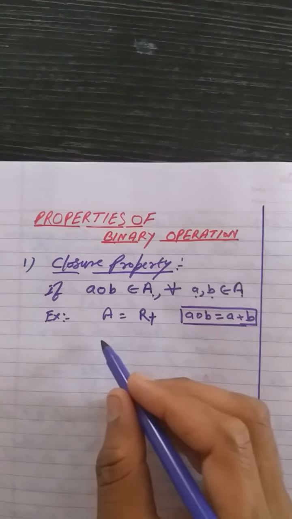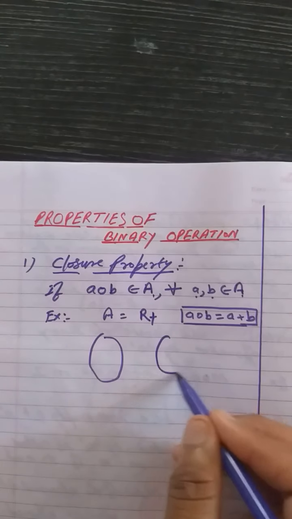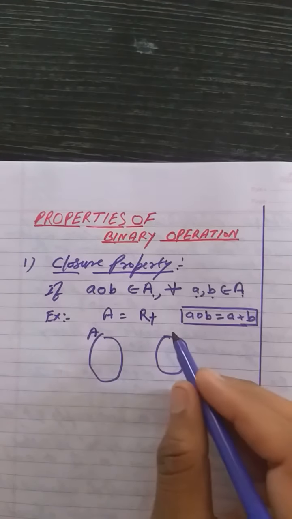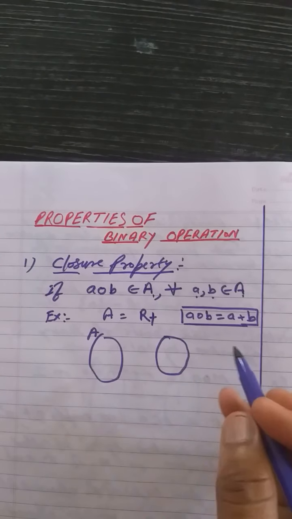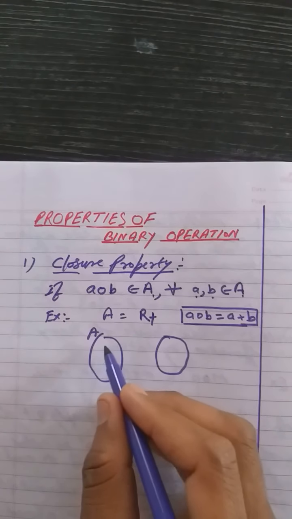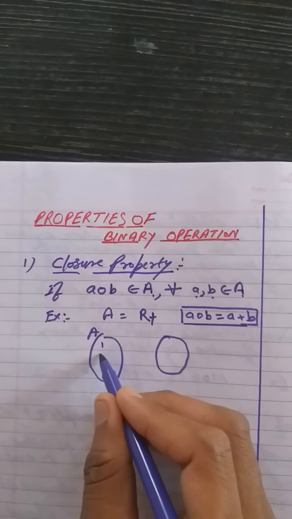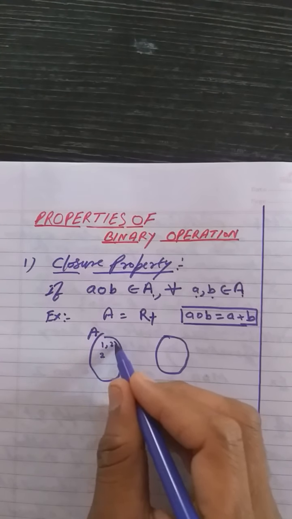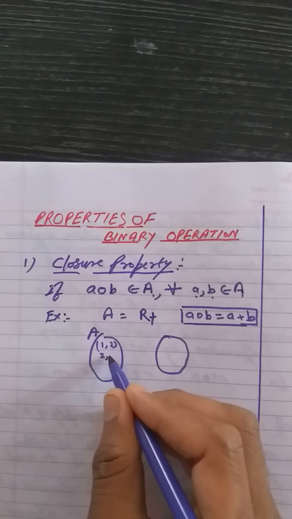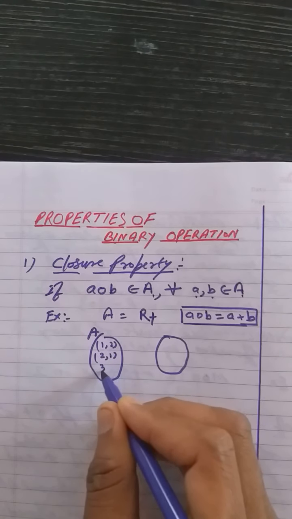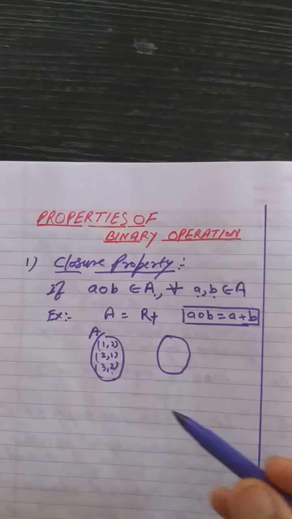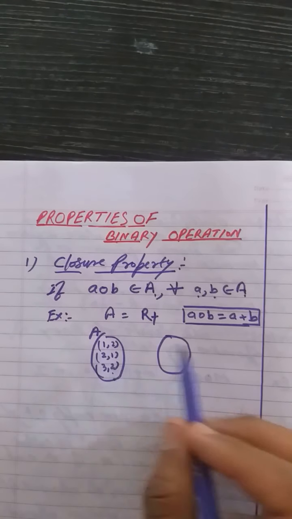So the mapping of A to A: if I write elements of A, 1 comma 2, 2 comma 1, 3 comma 2, and so on, right? So 1 comma 2 means the operation of 1 and 2.